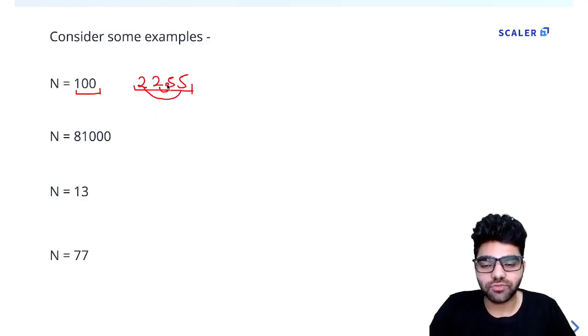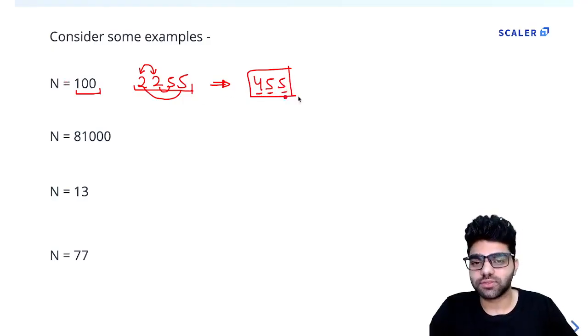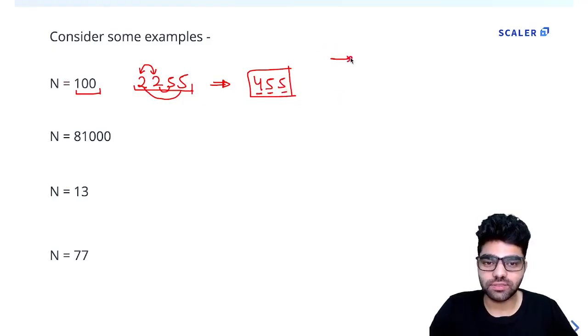Alright, but apart from this, I can combine these two numbers also. That means we can get 455. And this is going to be the smallest number for which the product of digits is equal to n. So there are two motivations.